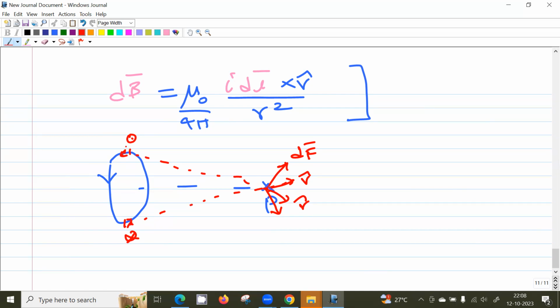For the chosen anti-clockwise direction of the current, the topmost element has current out of the plane of paper, and the element at the bottom has current going inside, cross. So for this cross direction of the current and this r cap in this direction, the direction of the field will be Idl cross r cap, inside this one.